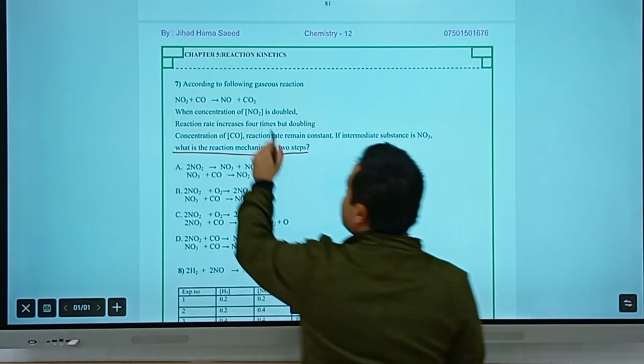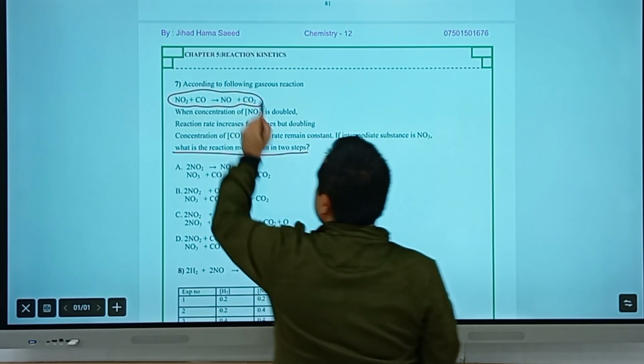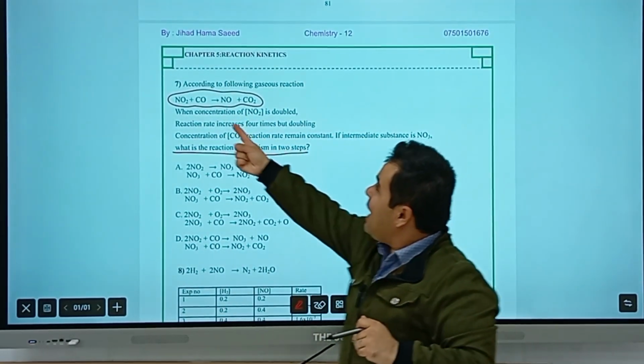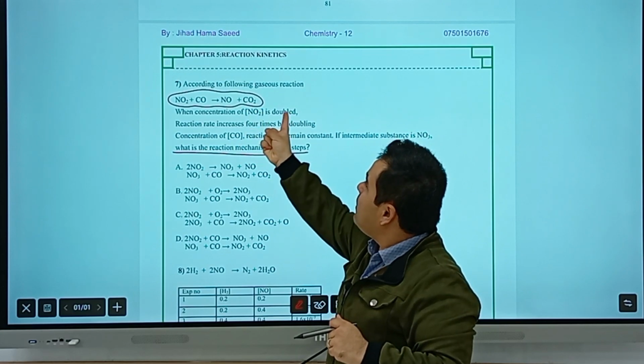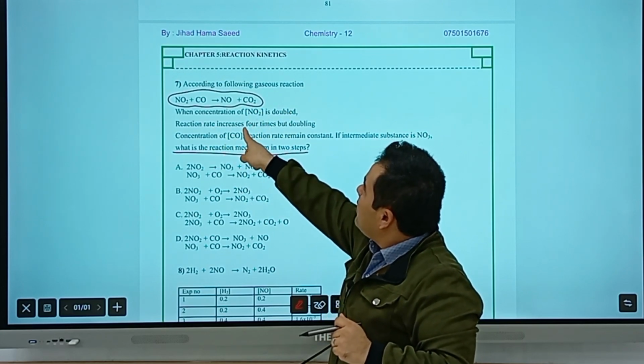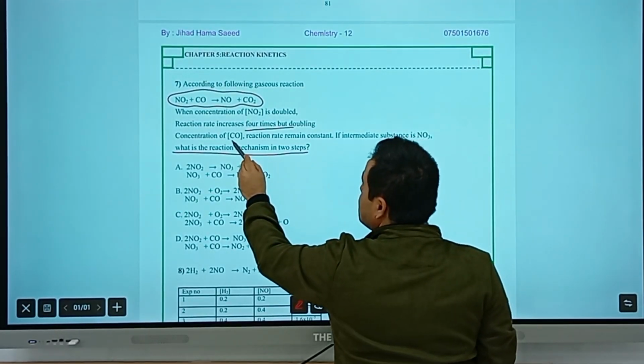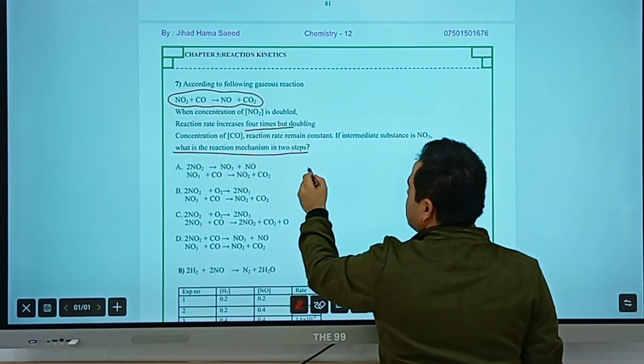Guys, this is the main equation. When the concentration of NO2 is doubled, the reaction rate changes by 4-fold, but when the concentration of CO is doubled, the reaction rate remains constant.